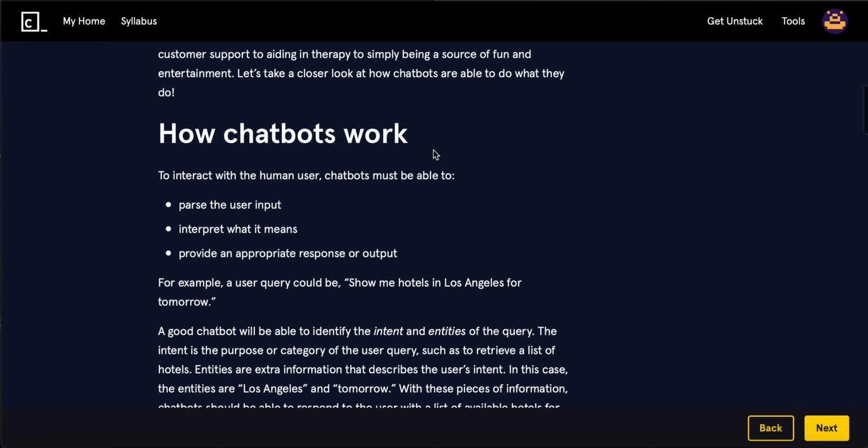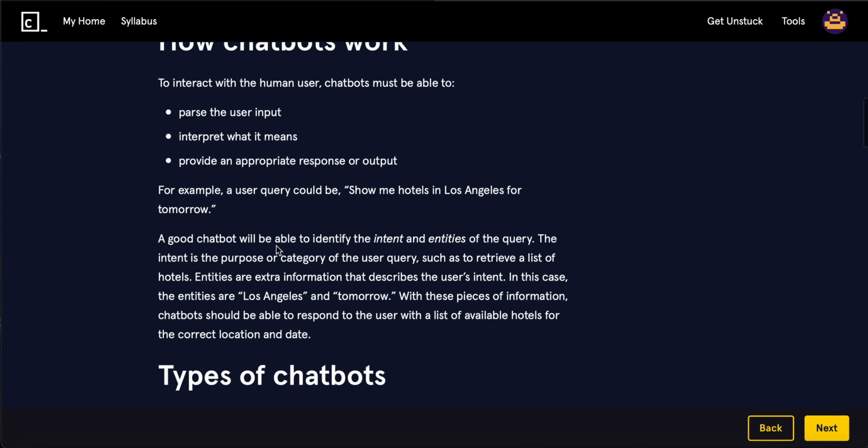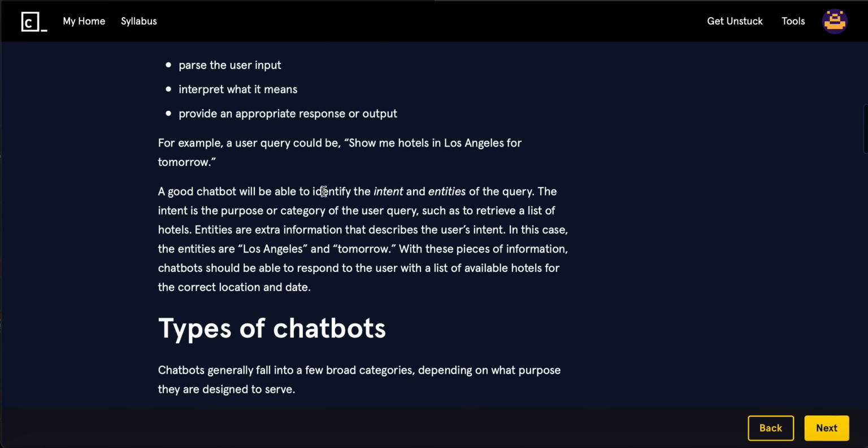Now, how chatbots work. To interact with the human user, the chatbot must be able to parse the user inputs, interpret what it means, and provide the appropriate response or output. For example, a user query could be, show me hotels in Los Angeles for tomorrow. A good chatbot will be able to identify the intent and entities of the query.